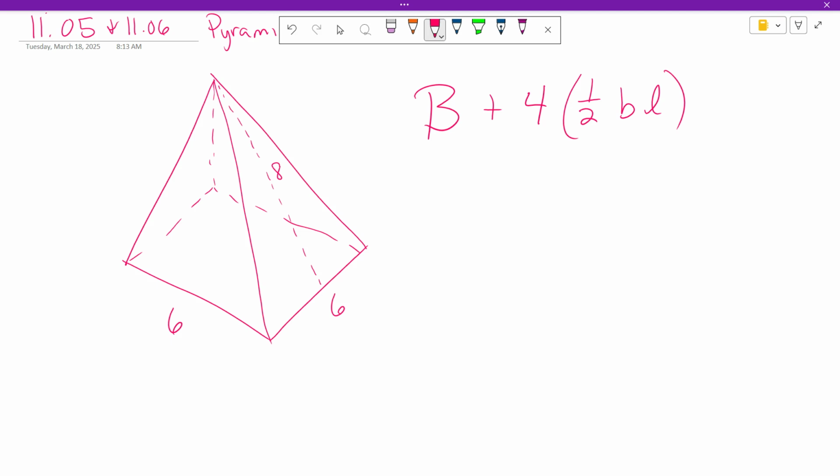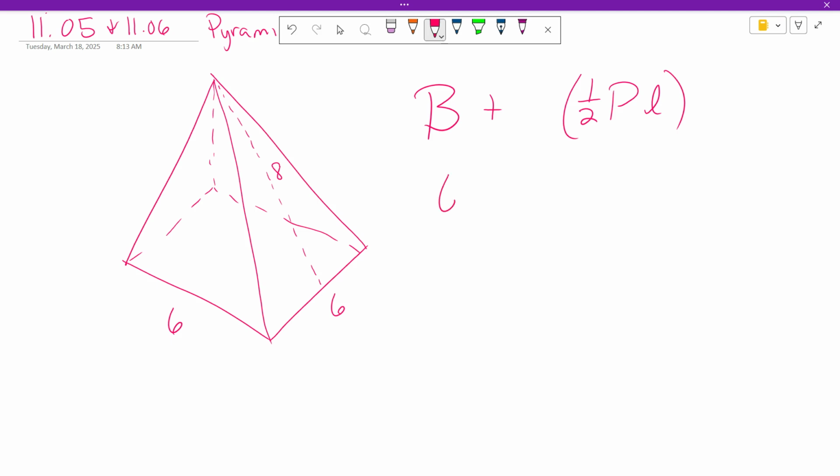So the length of the side times slant height. So what happens here is instead of doing the 4 and the base, we can do the perimeter. Okay, and that takes care of it. Okay, so it's the area of the base plus 1/2 the perimeter times the slant height.